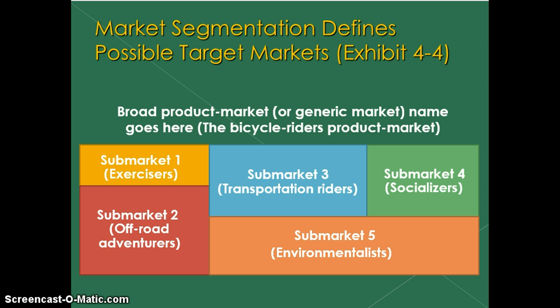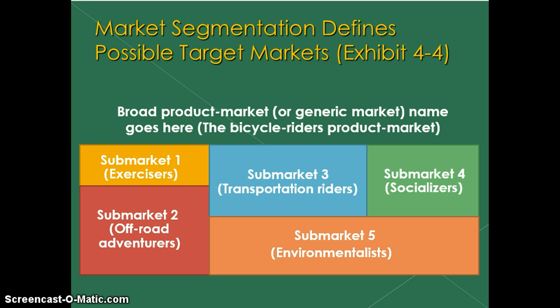Segment 1, the submarket 1, is people who use them for exercise. Number 2, off-road adventurers, mountain bikers, or that kind of thing. Number 3, for transportation, getting from one place to another. Number 4, socializers who use bikes. They just ride with friends and go out for long travels with friends, and they do that as a way to get away.